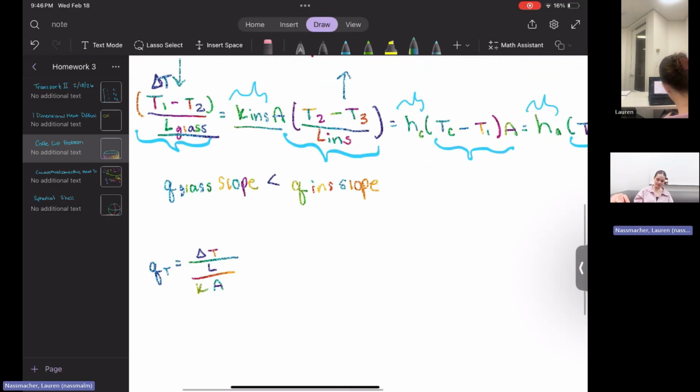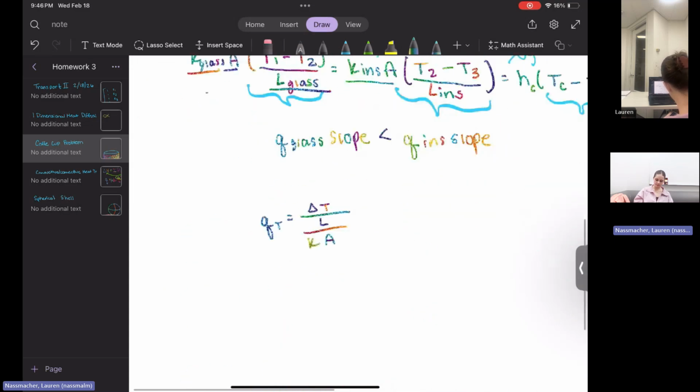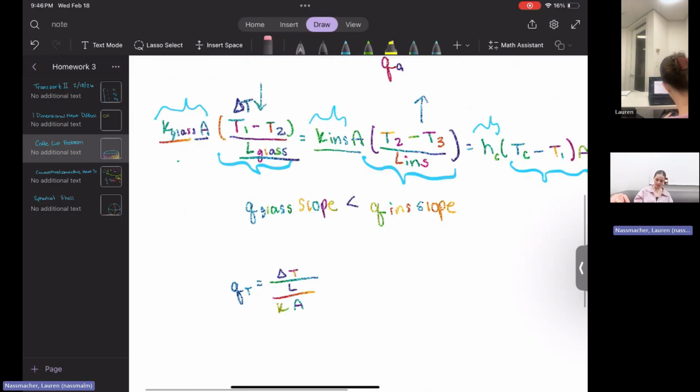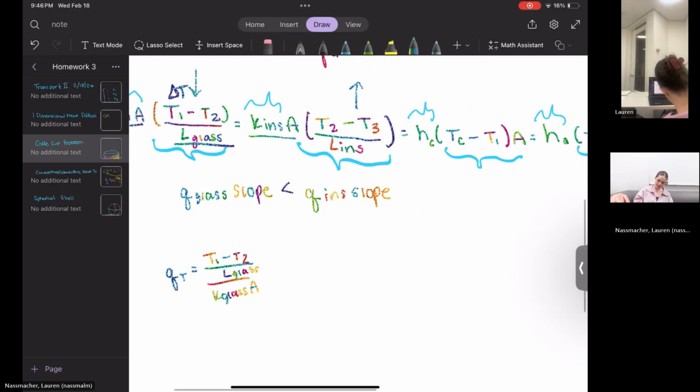And that is different for each material. So for our first material, we have our glass, which is T1 minus T2 divided by length of the glass, divided by our thermal conductivity of our glass multiplied by the area. So we continue on with that.